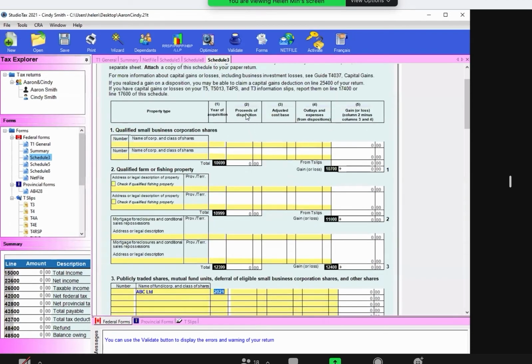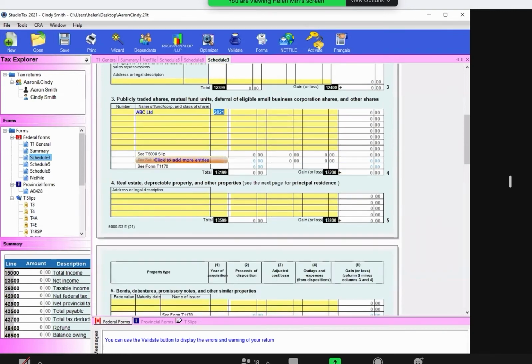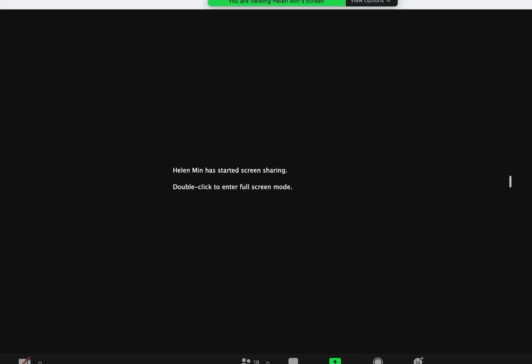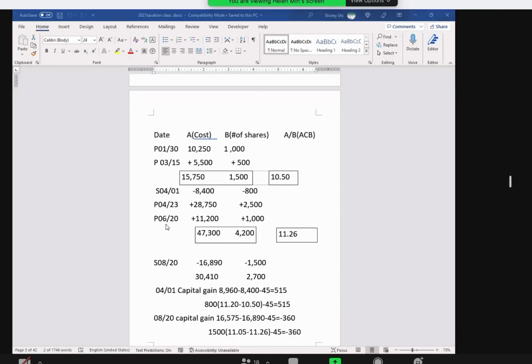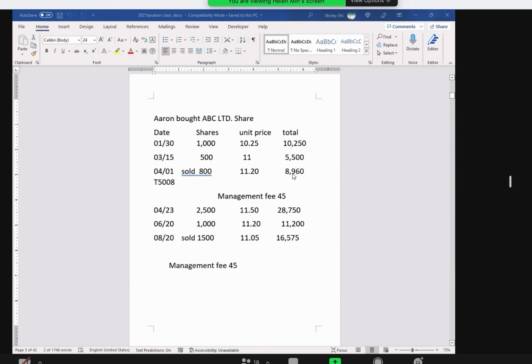Then for the proceeds of disposition, you need to find out, so we add up two things: 8,960 plus 16,575.